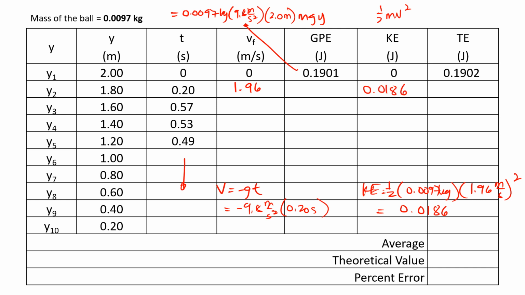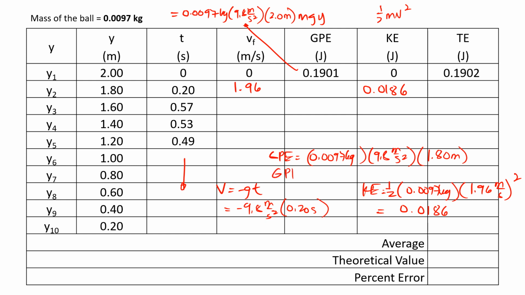Now let us compute the gravitational potential energy at 1.80 meters. So that is the given height. Again, to compute GPE, GPE is equal to mgy, and that is 0.0097 kilograms, the mass of the plastic ball, multiplied by 9.8 meters per second squared, and the height here is 1.80 meters.